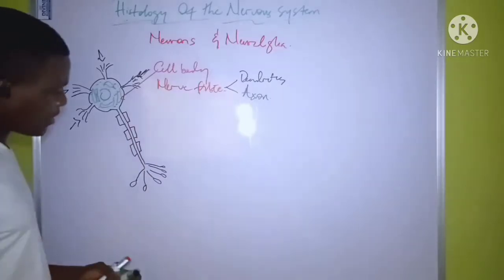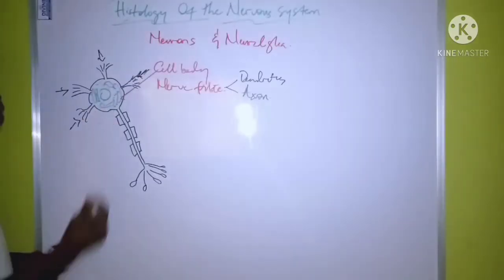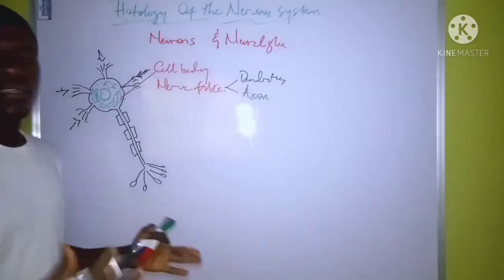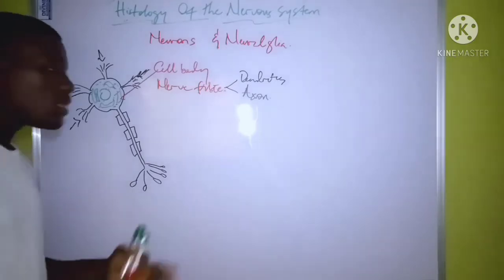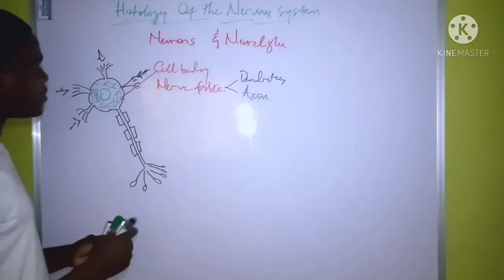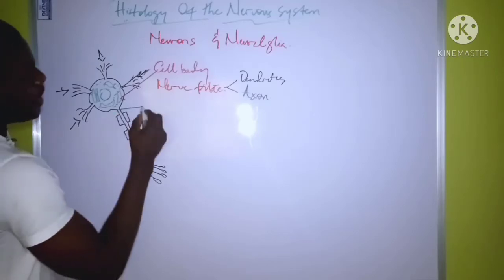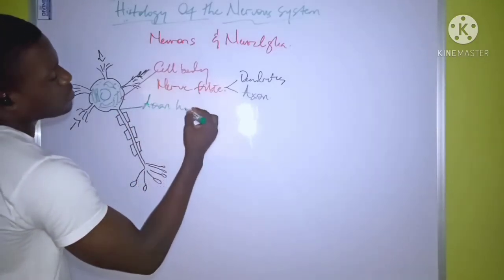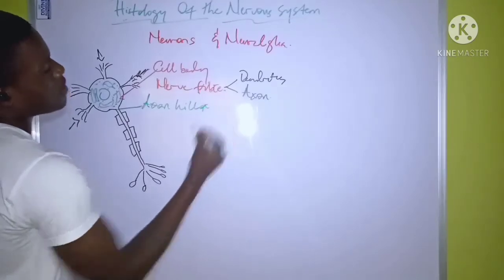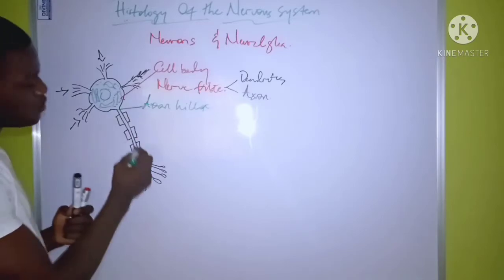Now, the axon is the second part of the nerve fiber. The axon extends immediately from the other end. It's the longest nerve fiber which extends from the cell body. The axon continues from the cell body at a point which is referred to as the axon hillock. This is the axon hillock, and from the axon hillock, the axon continues outward.